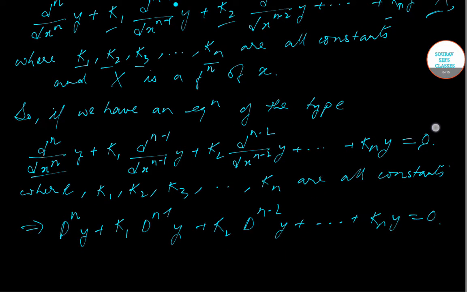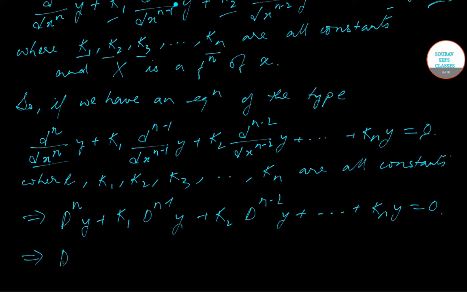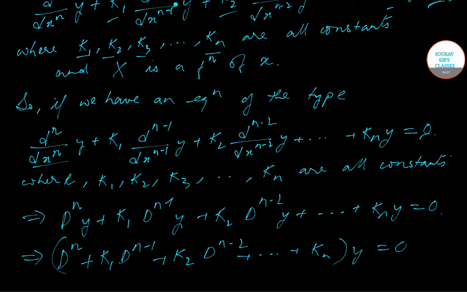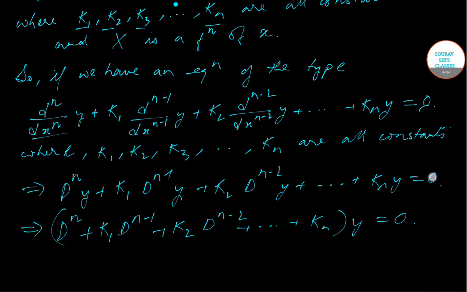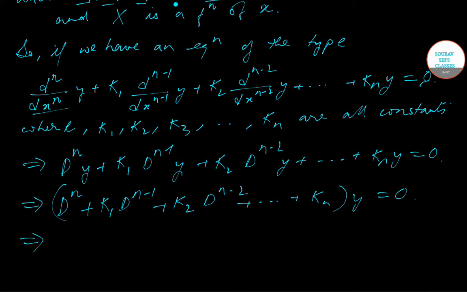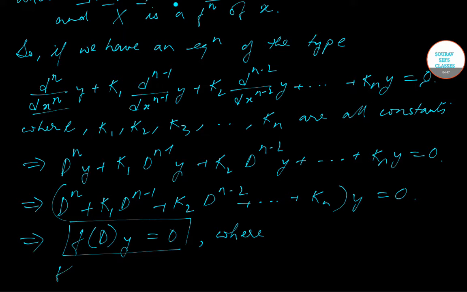So if we take y common over here, then this can be written as D^n plus k1 into D^(n-1) plus k2 into D^(n-2) up till kn into y is equal to 0, which can be further simplified as f of D into y is equal to 0, where f of D is equal to D^n plus k1 into D^(n-1) plus k2 into D^(n-2) up till kn.